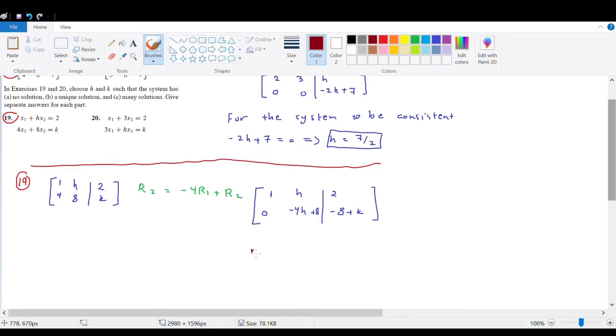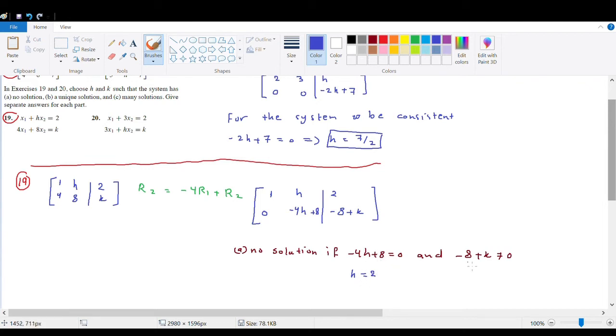no solution, if minus 4h plus 8 is equal to 0 and minus 8 plus k is not equal to 0. That means if we choose, for example, h such that minus 4h plus 8 is equal to 0, so that means here we'll get 0.